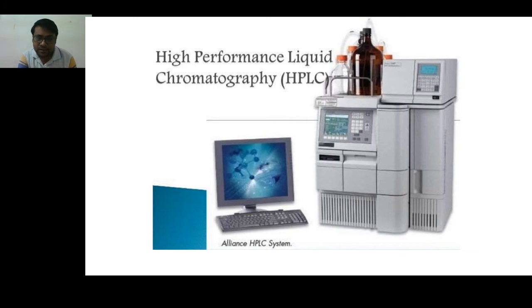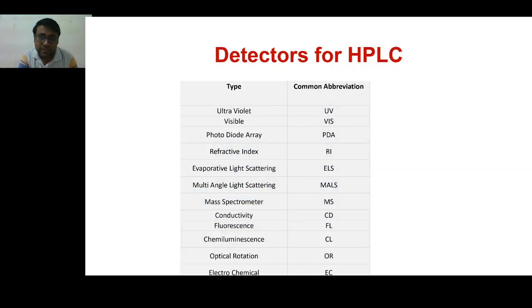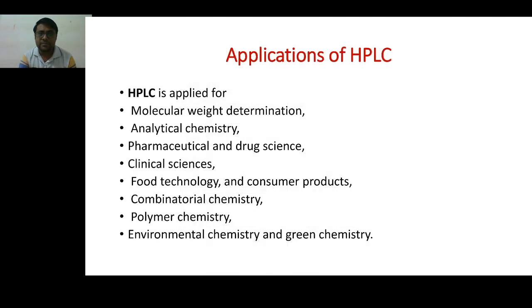Nowadays there are different companies which manufacture these, because HPLC is the heart of the industries. These are different detectors used in HPLC, but the most widely used are the UV detector and PDA detectors.